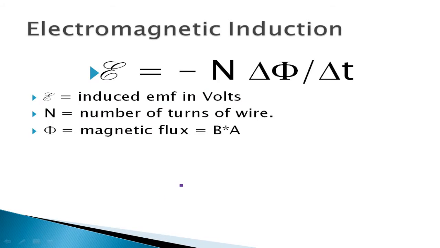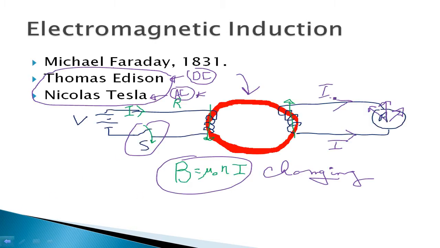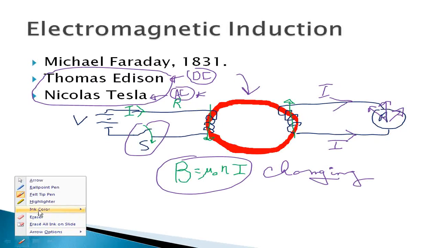Electromagnetic induction, we'll jump right to the equation here. We have the symbol for induced EMF here in volts. Well, think of it this way. In the previous slide on the right hand side, let's go back to that. Over here, I want to circle that.